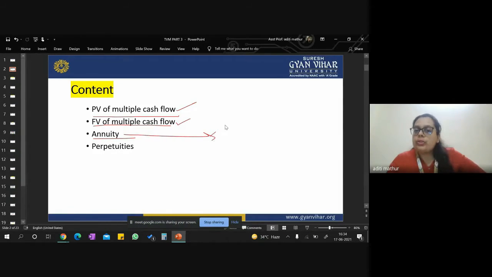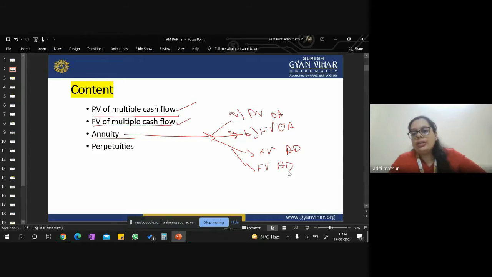In annuity, we have studied the present value of ordinary annuity, the future value of ordinary annuity, the present value of annuity due, and we have also seen the formula of the future value of annuity due. Right. And side by side we looked at FVIFA and PVIFA, the two new tables which we have studied today.